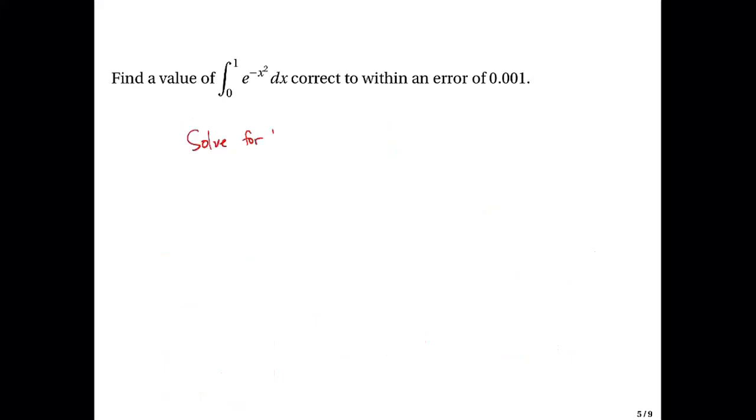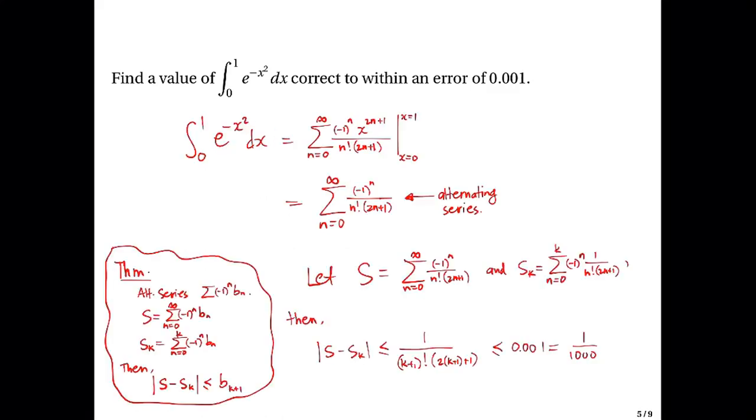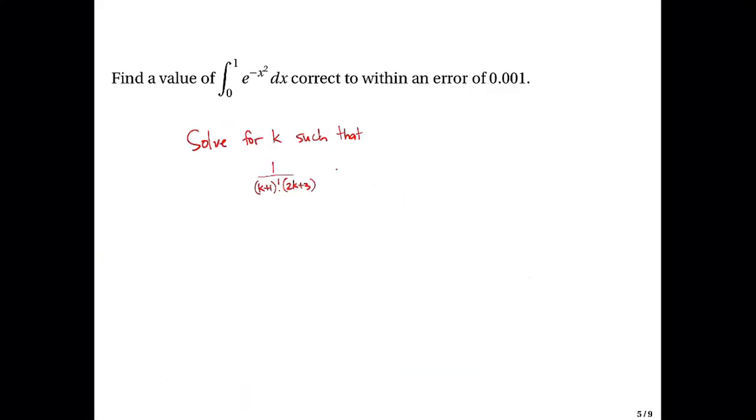On the left-hand side we will have k plus 1 factorial, and then the other factor will be 2k plus 3. If you notice, you have 2k plus 2 plus 1. That's why you will have 2k plus 3.